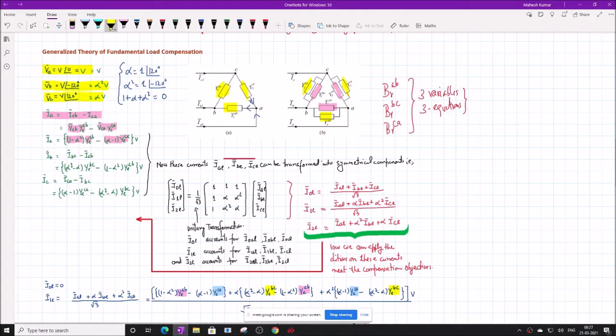And then we have IB, which is IBC minus IAB. Again substitute these values in terms of voltage. We will get alpha square minus alpha into YLBC minus 1 minus alpha square into YLAB.